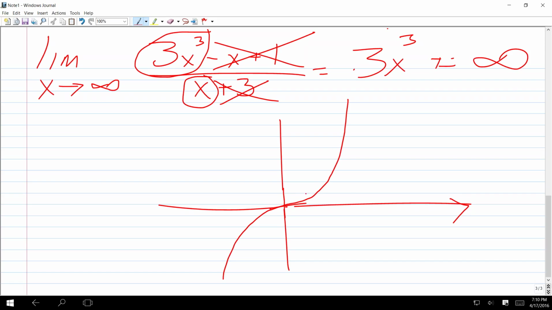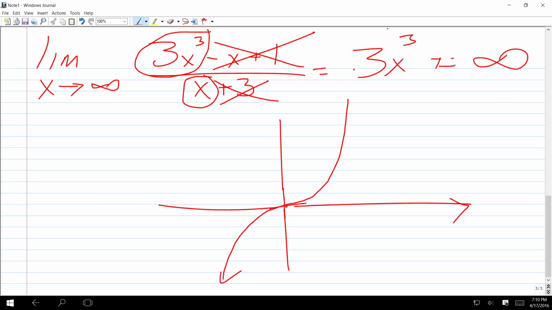You can see from the graph that as x goes to positive infinity, y goes to positive infinity. Okay. As x goes to negative infinity, y goes to negative infinity. Okay. So the end behavior definitely can be affected by the power of the exponent.